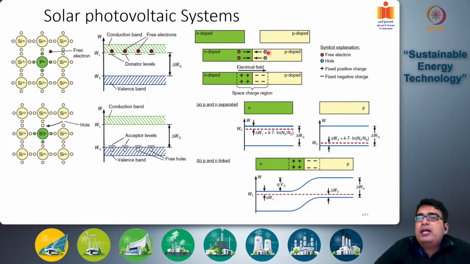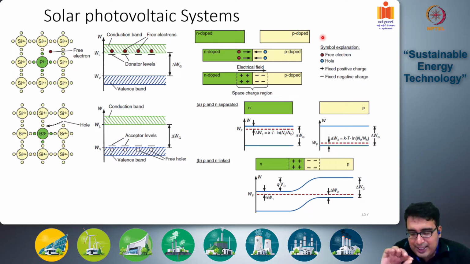So here you have free holes and here you have a lot of free electrons. So what will happen is the free electrons will diffuse into the holes that are present in the p-doped side and hence create a region of recombination here. These electrons will go and merge with the holes here, or conversely you can think of these holes will go into electrons and merge here. Okay. So what is then happening is, in this recombination zone, this side has less electrons than is required for charge balance, because remember both n-type and p-type were electrically neutral.